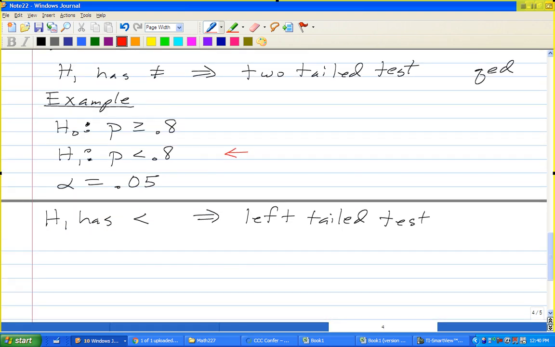Look how many tails you have. So it has one tail and it's to the left, so it's a left-tailed test. Okay.